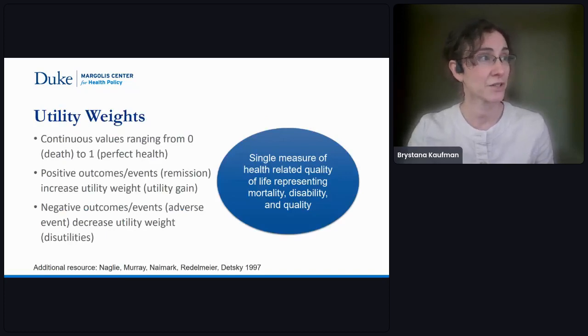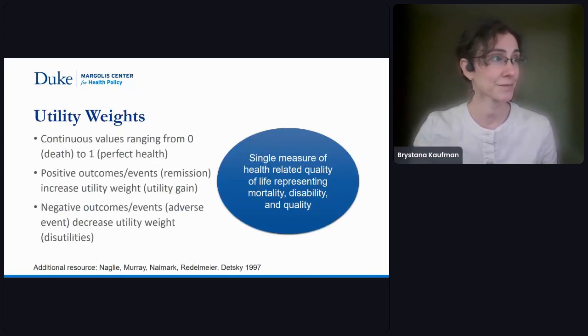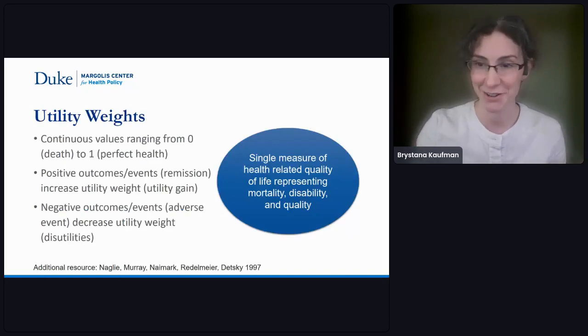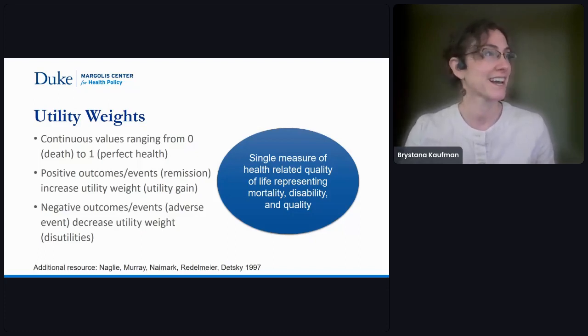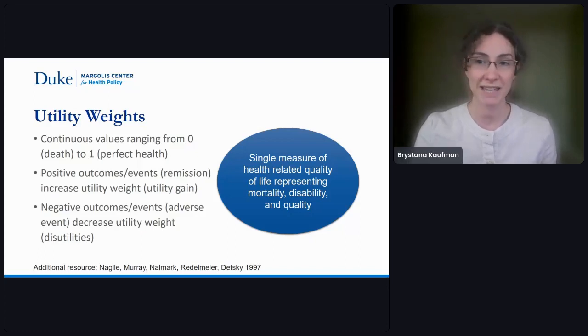And we do that using an idea called a utility weight. So you can see this has grown out of the economics field where we think a lot about utility. What is the value to a person or to a buyer, consumer? And in this context, the utility weight is a single measure of the health-related quality of life that represents all of those different factors: mortality, disability, and quality.